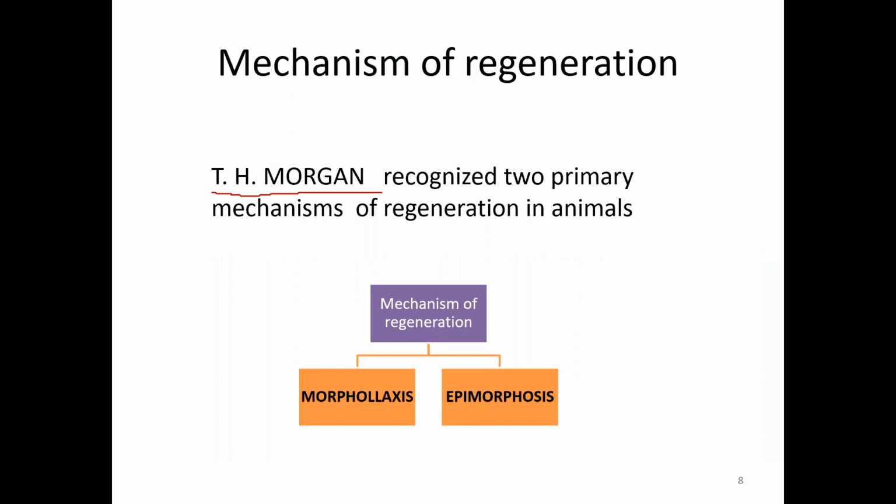Mechanism of regeneration. T.H. Morgan recognized two primary mechanisms of regeneration in animals. One, morphallaxis, second, epimorphosis.